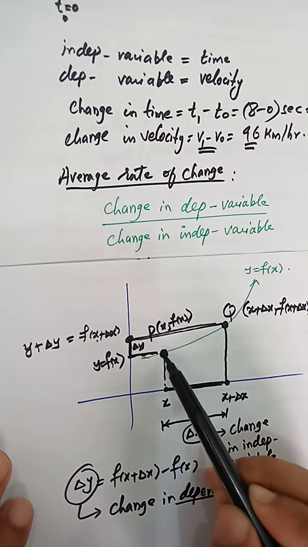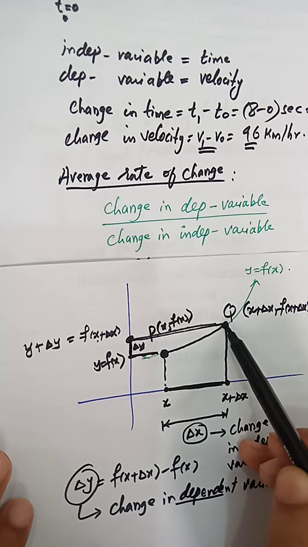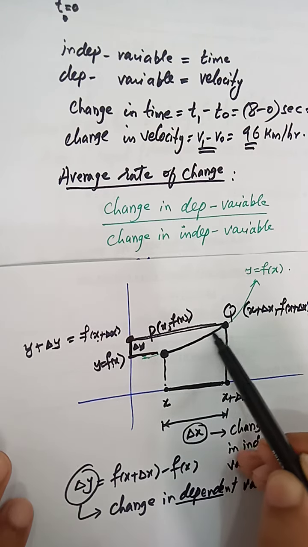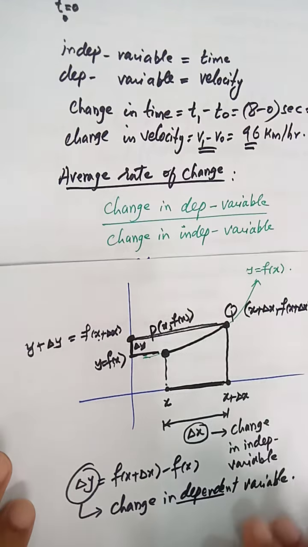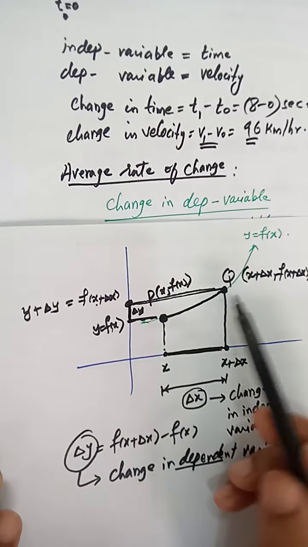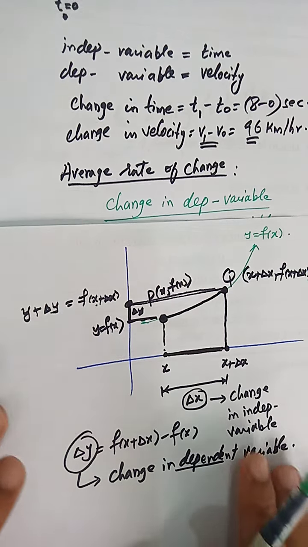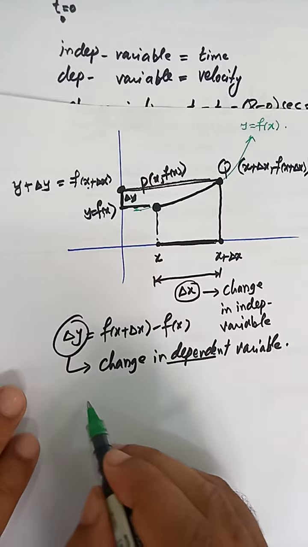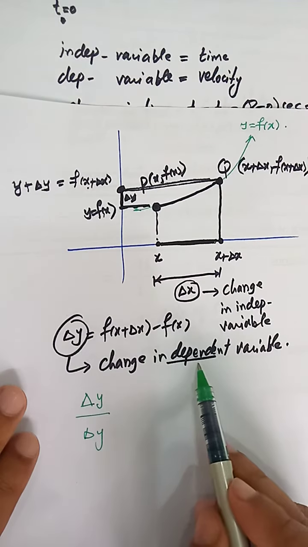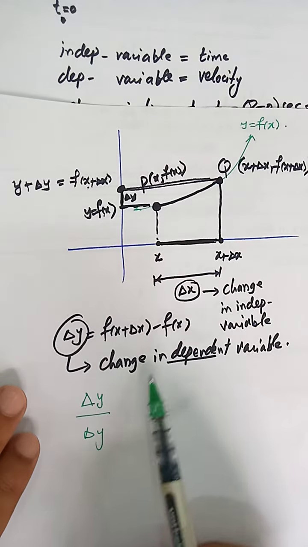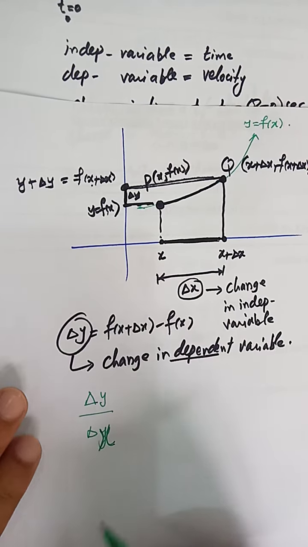और आप इस पॉइंट से अपनी फंक्शन के ऊपर इस पॉइंट तक मूव करते हैं तो यहाँ फंक्शन में कितना चेंज आया है, वो चेंज अगर आपने फाइंड करना है, मतलब पॉइंट P से आप पॉइंट Q पर गए हो, तो वो एवरेज रेट ऑफ चेंज कहलाएगा. और वो चेंज इन डिपेंडेंट वेरिएबल डिवाइड बाय चेंज इन इंडिपेंडेंट वेरिएबल, तो डेल्टा y बाय डेल्टा x होगा.